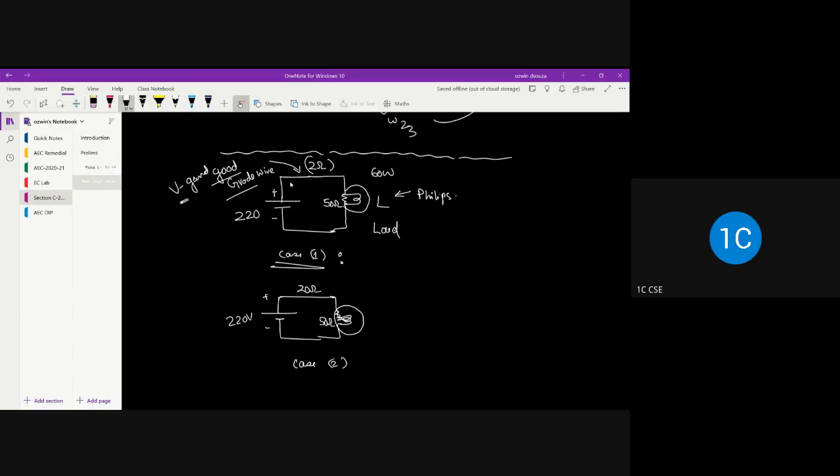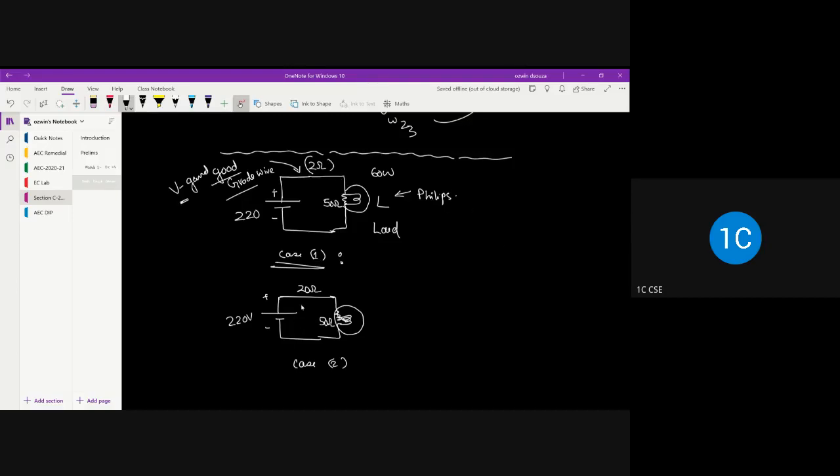In case 1, I have gone for a good transmitting medium having a lower resistance value, and in case 2 a high resistance value. Both follow the series circuit convention, right?